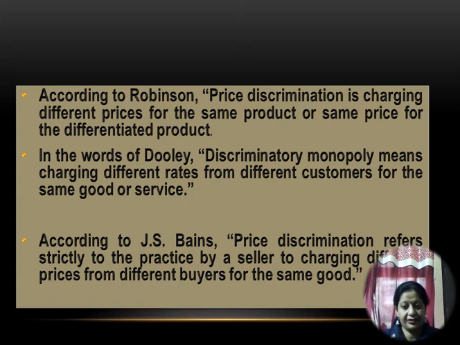And if the customer has perfect knowledge about the market area and market situation regarding the price and quality of the product, then the seller can charge a moderate price. So according to the need and desire of the customer, the monopolist will charge different prices for the same product from different customers. So this is known as price discrimination.